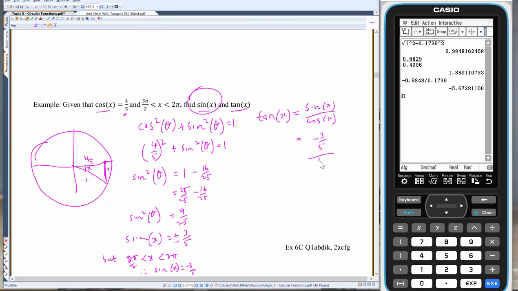That's 4/5. So that's going to be negative 3/5 divided by 4/5, which is the same as negative 3 on 5 times 5 on 4. Those 5's cancel out, leaving us with negative 3 on 4 as the answer. So tan of x is equal to negative 3 on 4.